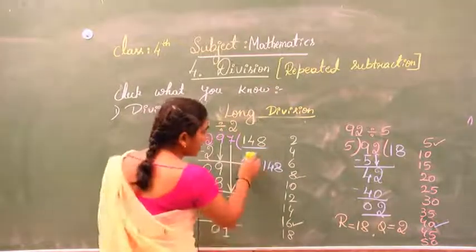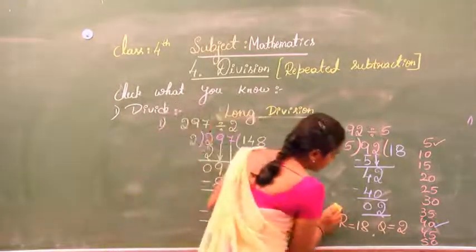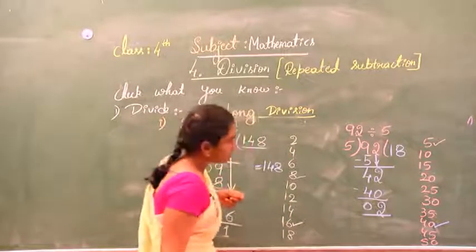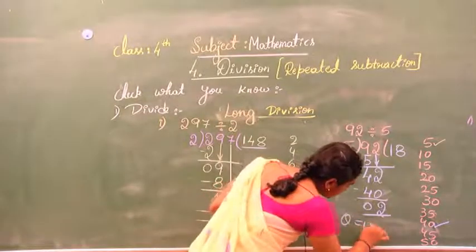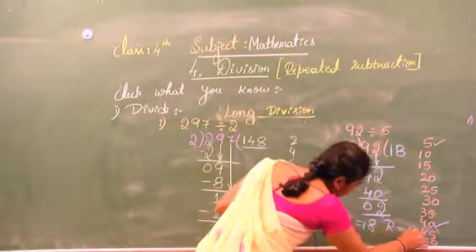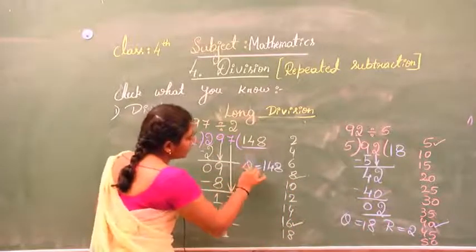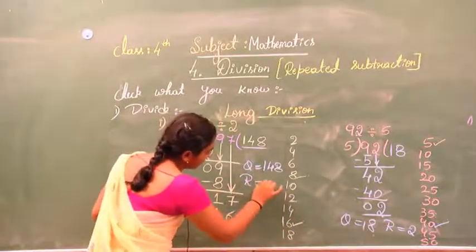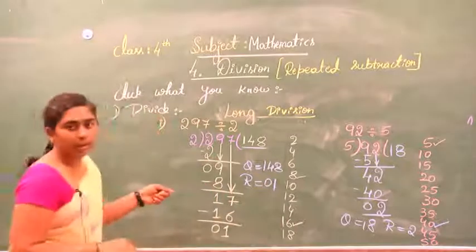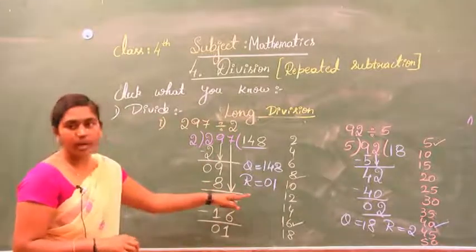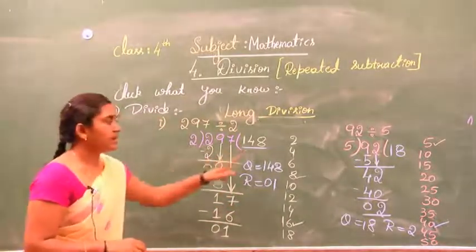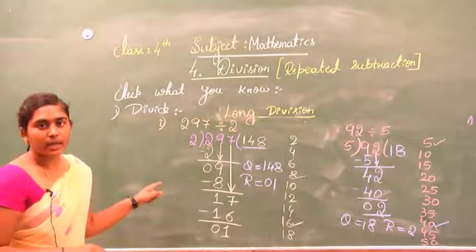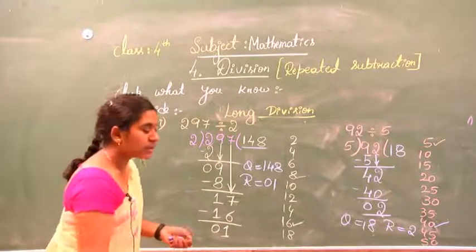Quotient is 148, remainder is 1. What is left out will be the remainder and this is the quotient, right? That is the quotient. We will see one more question.